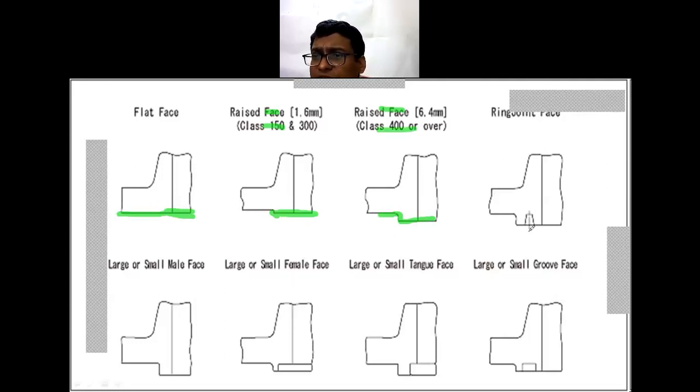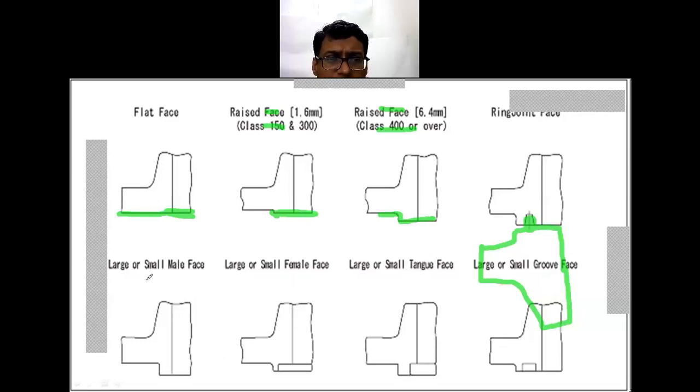Then ring face, you can provide the ring, that is the trapezoidal groove face or the ring which will be provided, and it is half on this one side and half that will be available on the other side. So this is the other half, you can observe it.